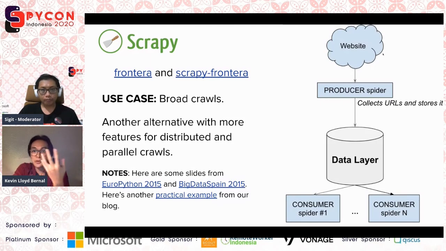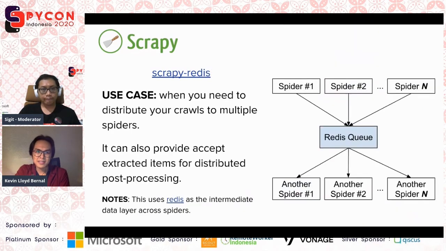So you could make a producer spider for it, which collects all of the URLs you could find inside a sitemap and puts them somewhere, and have a lot of different spiders consuming those sitemap URLs.